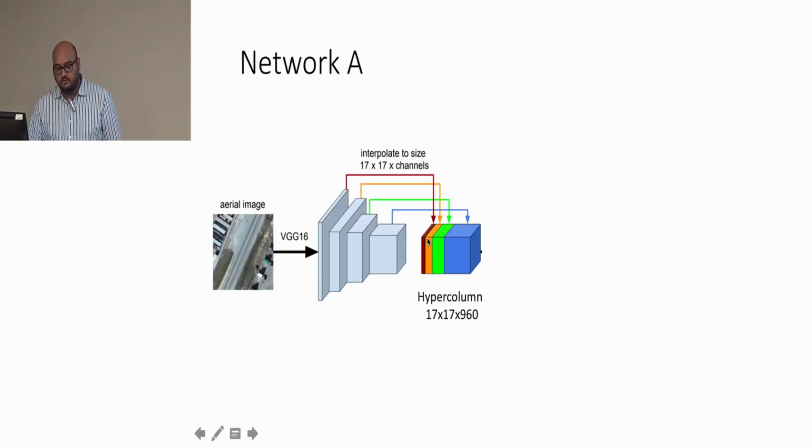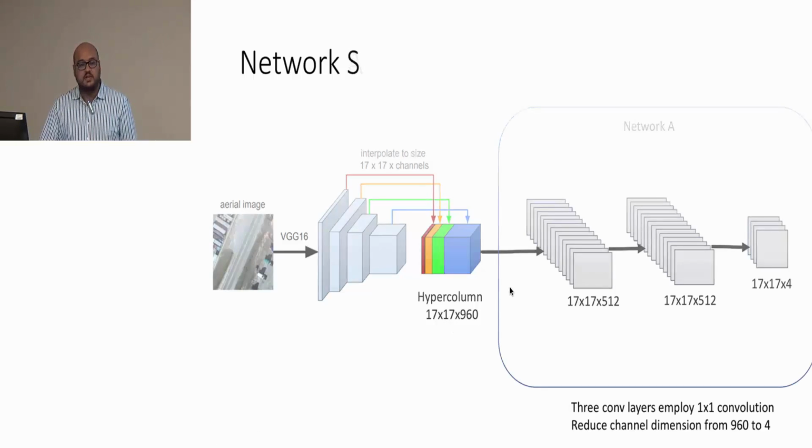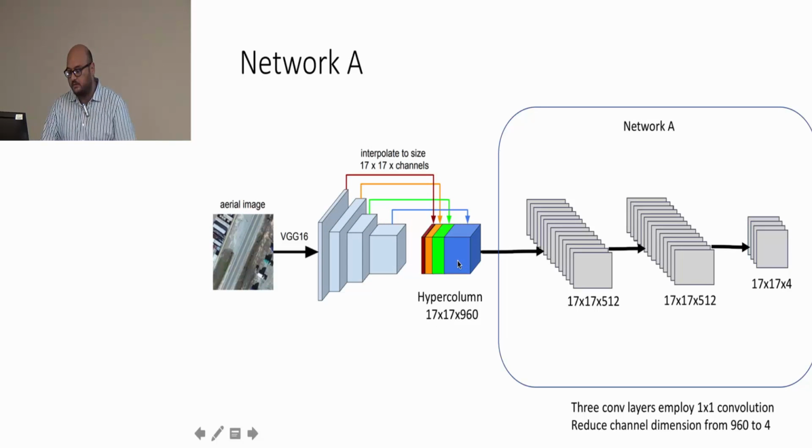So how does network A look? Network A is applied to the hypercolumn, which is of dimensions 17 by 17 by 960, as we know. This is the input for network A. Network A applies 512 kernels of receptive field 1 by 1 to this hypercolumn, so we get 512 activations, each of spatial size 17 by 17.